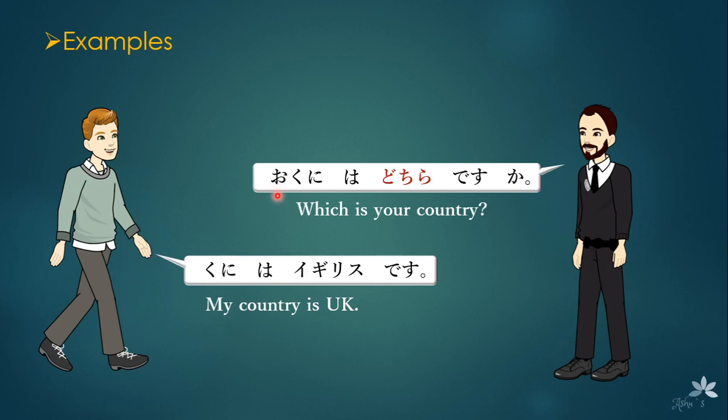When this O is added, it shows the speaker's respect towards the listener's country. So you have to use Okuni when you talk about others' country. And now this person is talking about his own country, so he just says Kuni, not Okuni. Kuni wa Igirisu desu. My country, okay?